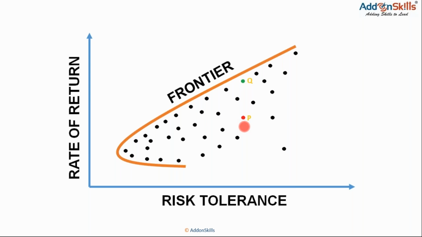Let's take a hypothetical example that you want to go for a portfolio management certification training, and you have two training options, Q and P. Here assume Q is Add-on Skills PfMP certification exam training, which is portfolio Q, and portfolio P is any other alternative to Add-on Skills for PMI PfMP certification training.